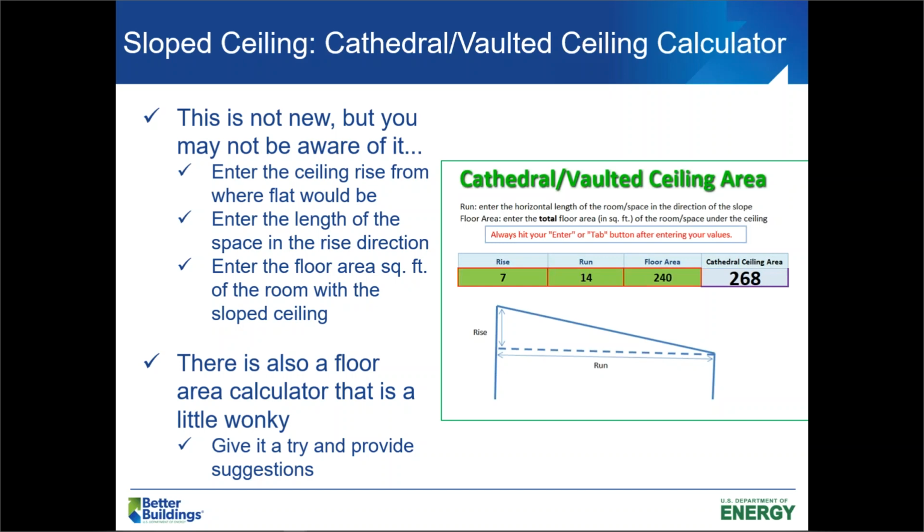On the same page in the calculator where we have this calculator as well as the knee wall calculator, there is also what we call a floor ceiling area calculator. It's a little wonky. It's been somewhat superseded by the validation that we've put in. But go ahead and take a look at it. If you think it's helpful, give it a shot.